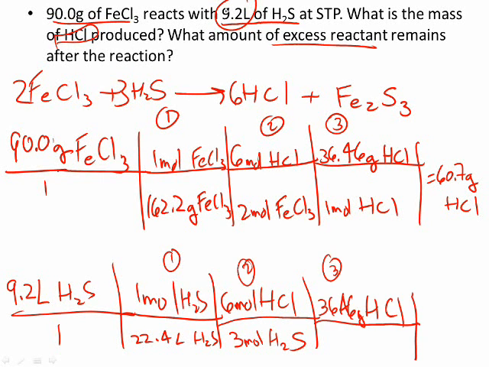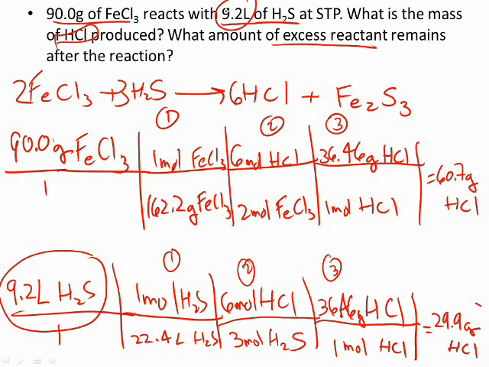Now 36.46 grams of HCl to 1 mole of HCl. We see how much HCl is produced from the 9.2 liters of hydrogen sulfide. That equals 29.9 grams of HCl. Here we have the limiting reagent because this is less. H2S is the limiting reagent.